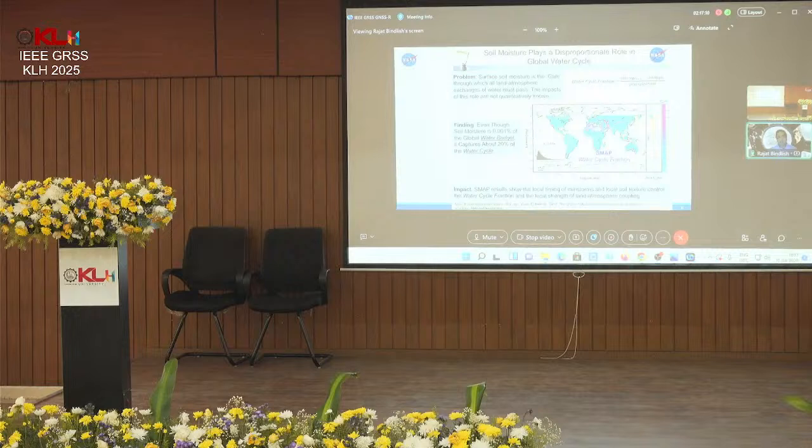Some of the components that we identified earlier in a slide is fresh water. A lot of the fresh water is in groundwater. That does not change from day to day. A lot of the fresh water is in glaciers or in ice caps. Those don't change day to day. It is the soil moisture that changes from soil moisture to water vapor, and then once it rains, it becomes soil moisture again.